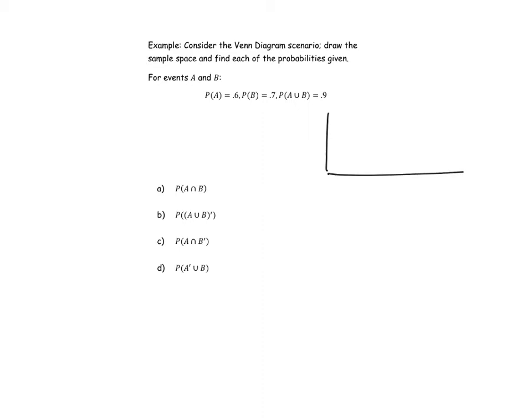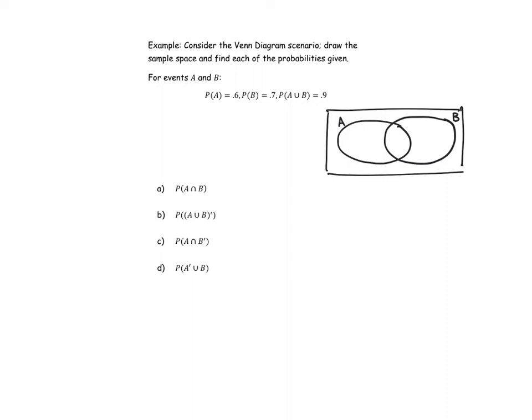I'm going to draw the sample space with a rectangle and 2 circles. Here is the space which represents event A. Here is the space that represents event B. Now I know the space inside of event A is 0.6 or 60% chance of happening.